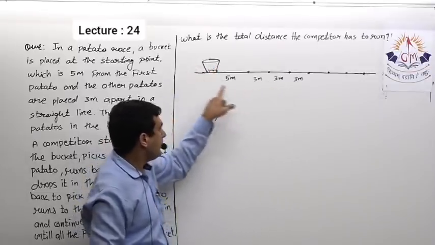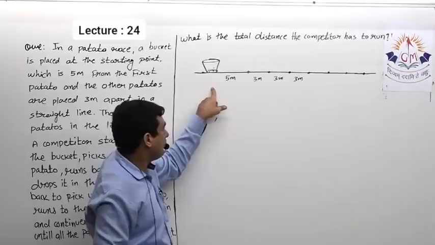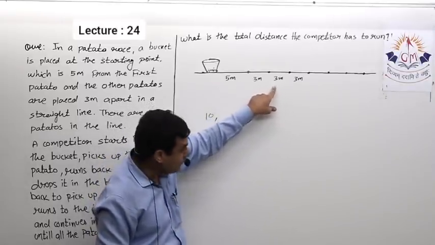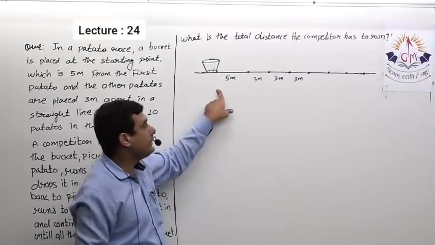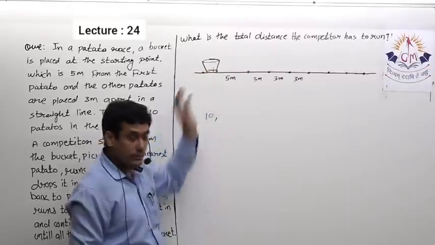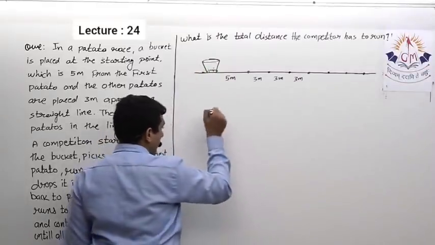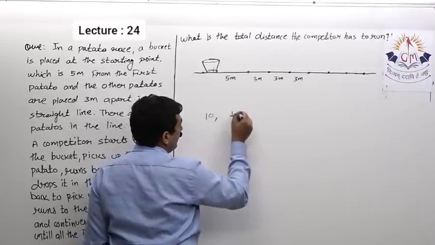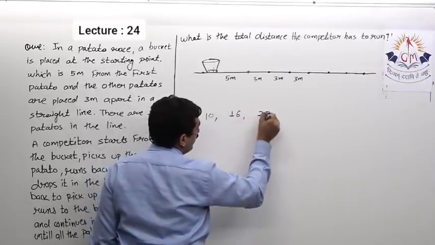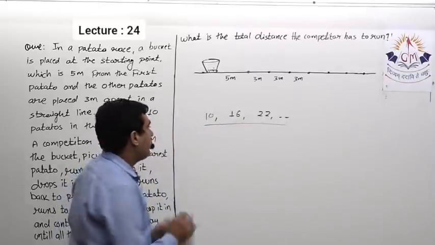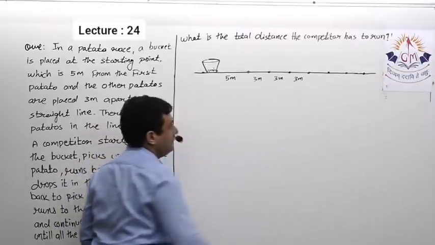Similarly, for the third potato, the competitor has to travel 5 plus 3 plus 3, that means 11 plus 11, 22 meters to take and drop the potato in the bucket. So for the first potato 10, for the second potato it will be 16, for the third potato it will be 22, and so on. So this forms an AP. Okay, so how we write this, let us see.